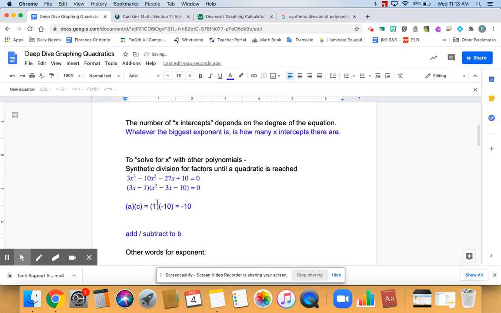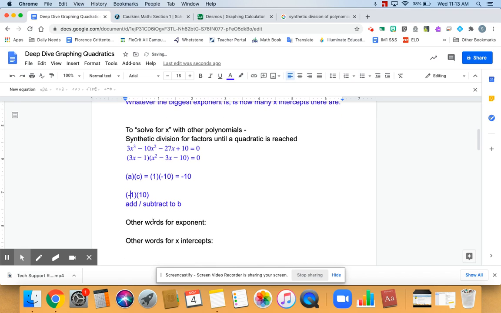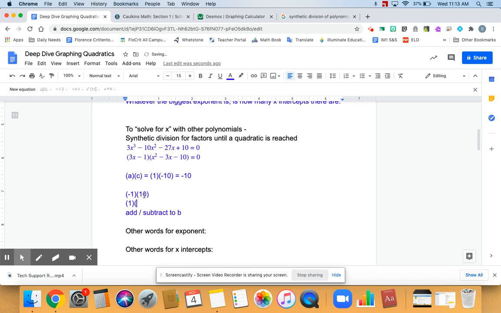So to multiply to negative 10, I could do 1 times 10, with the 1 being negative, or I could do 1 times 10, where the 10 is negative. I could do negative 2 with 5, or I could do positive 2 with negative 5. And those are my only two pairs.